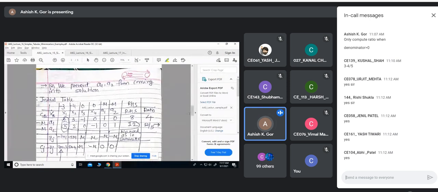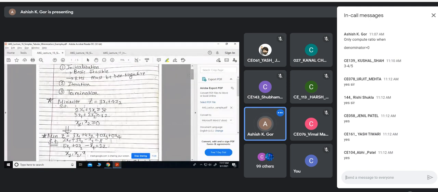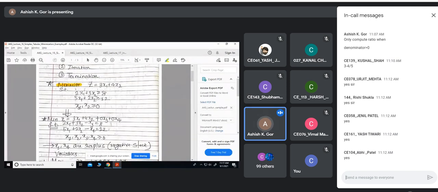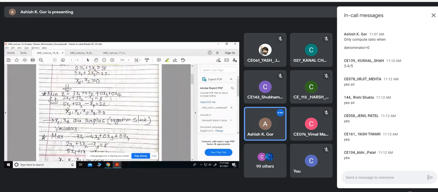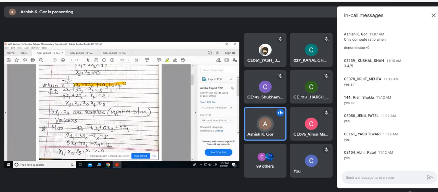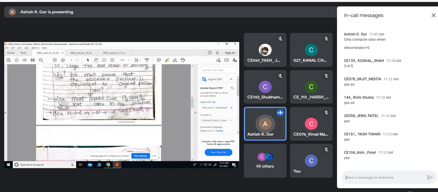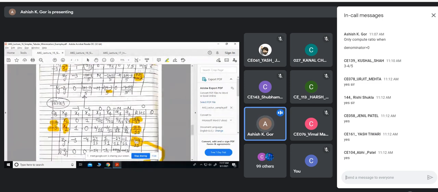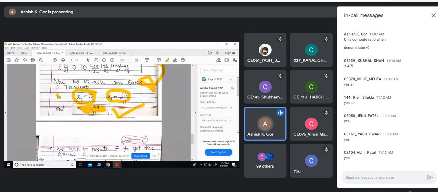This happened because I modified a minimization problem, Z equal to 3x1 plus 4x2. By negating this value of Z, I take a maximization problem and I solve a maximization type of problem. So remember, the variables are the same. If you solve this, x1 and x2 are the same.